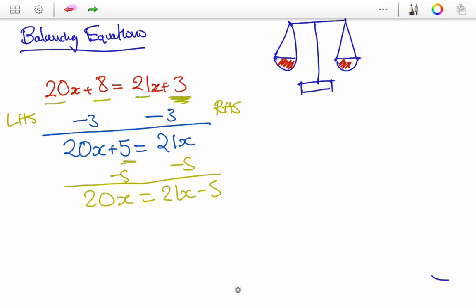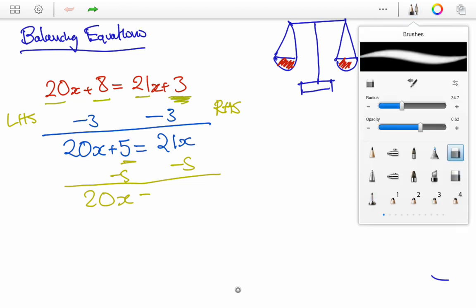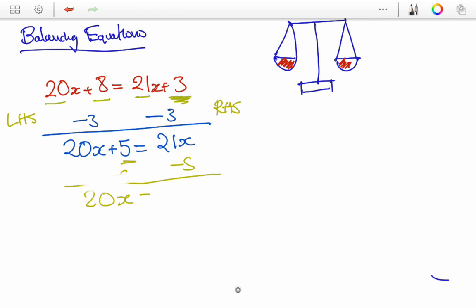So to go forward, instead of subtracting the 5, I'm going to choose the next lowest term. In this case, it is simply going to be the 20. Let's see what happens when I go for that one.